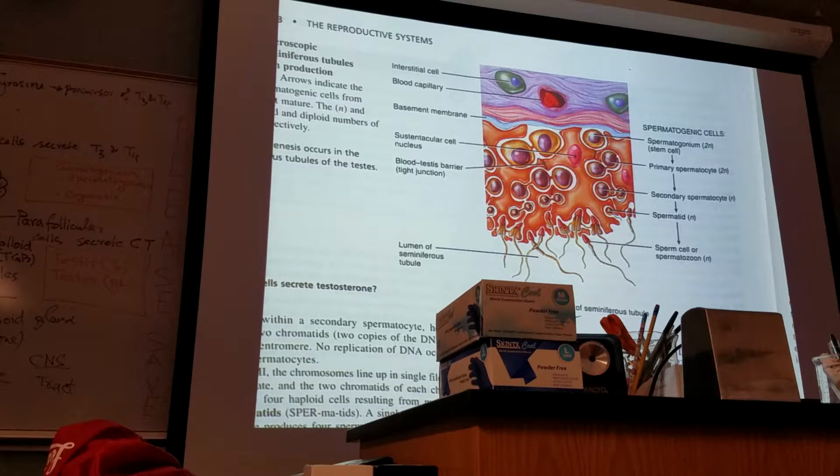Then primary spermatocyte undergoes meiosis 1, forming secondary spermatocytes. The chromosome number is reduced, and then ultimately meiosis 2 would result in the formation of spermatids, 4 spermatids from one primary spermatocyte.